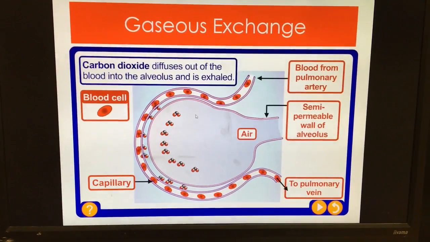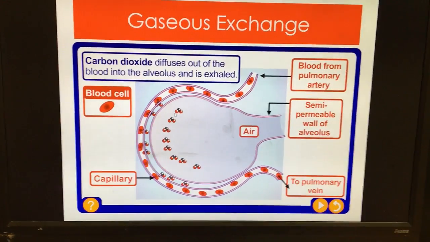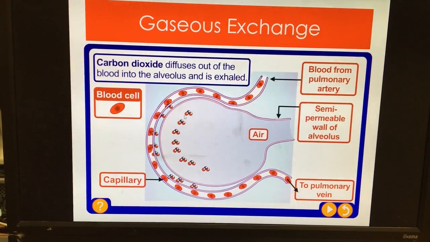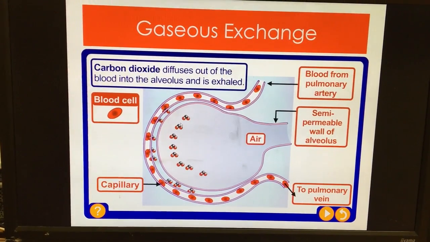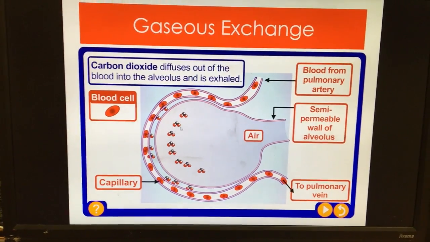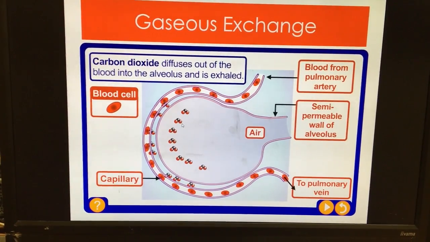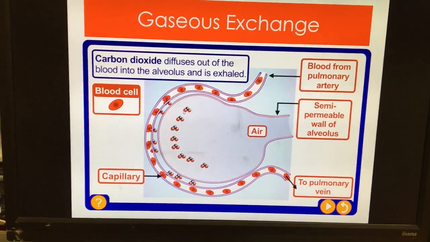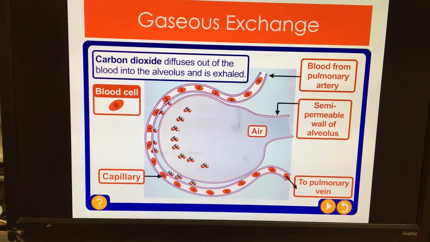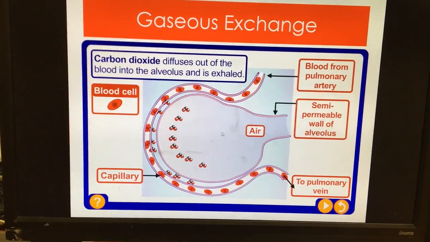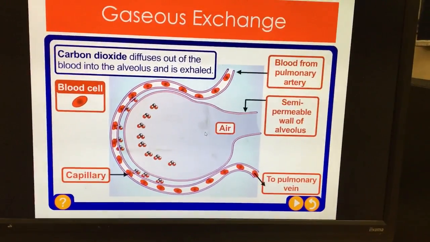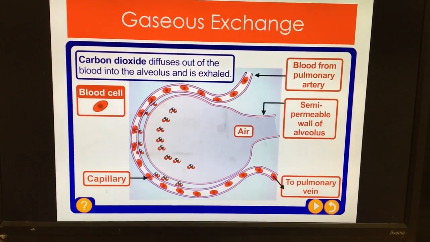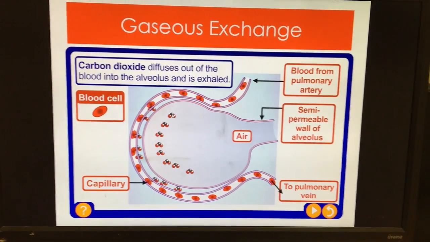So let's say that we inhale 21%, but we only actually use 4% of that inhaled air, so we exhale 17% of oxygen. But when we use up oxygen, that means that we create 3% of carbon dioxide, which represents this blue molecule here. So we do exhale some oxygen. We're not efficient enough to be able to use it all. And obviously then we contribute to exhaling carbon dioxide into the atmosphere.